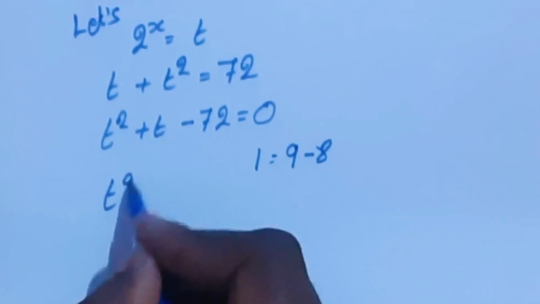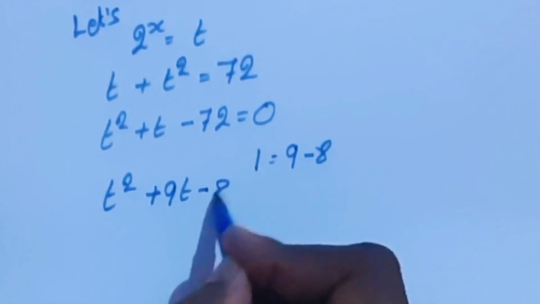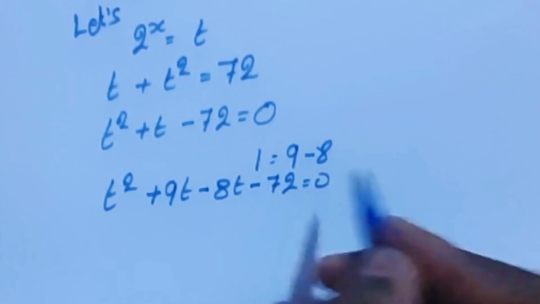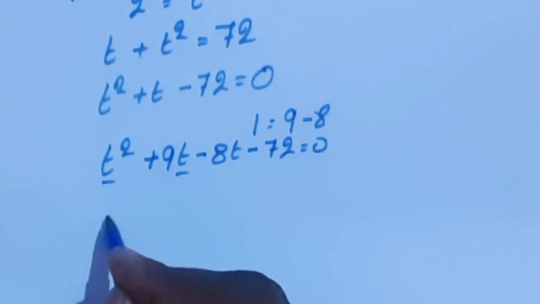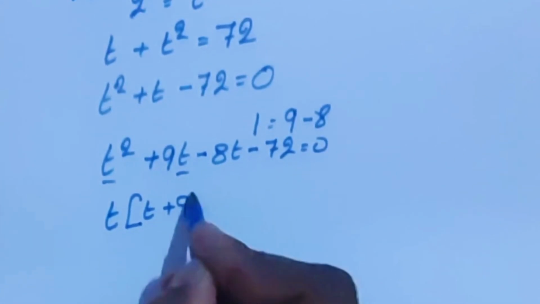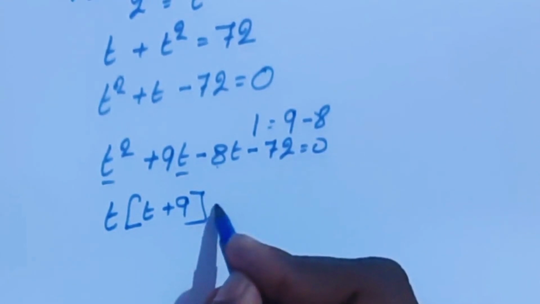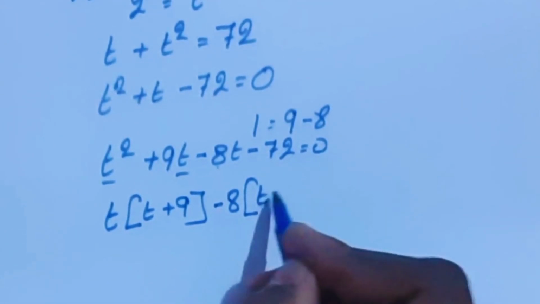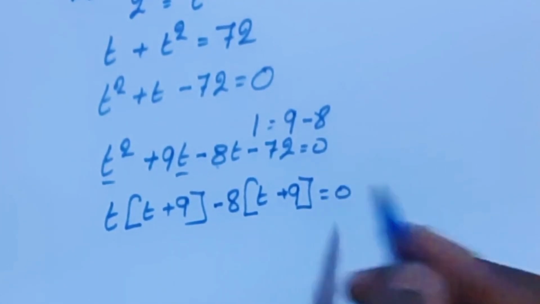Here t is common out of the first two terms, so t(t + 9). Taking 8 common out, minus 8(t + 9) = 0.